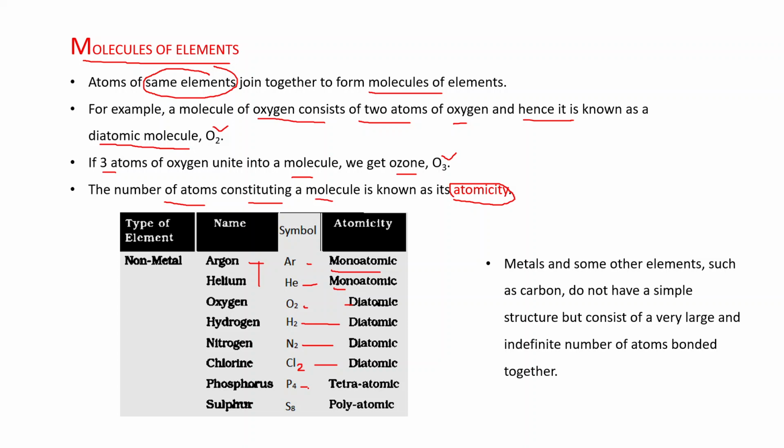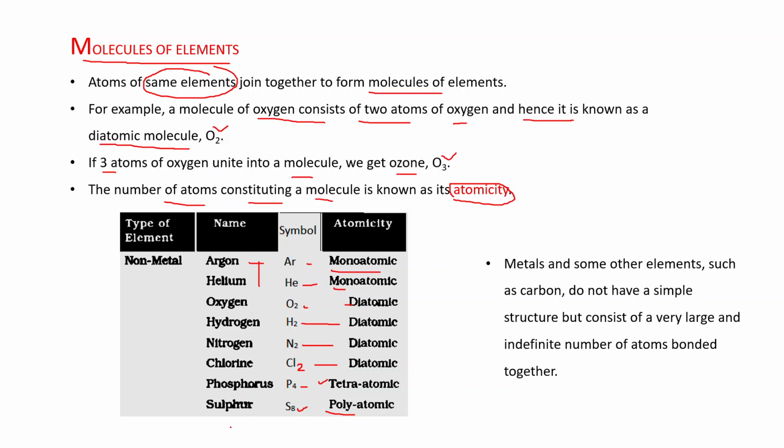Phosphorus, P4. Four atoms of phosphorus combine and form one molecule of phosphorus, that's why it is tetraatomic. In the molecule of sulfur, 8 atoms of sulfur are present, and that's why it is polyatomic. Is that clear? These molecules of elements are also considered homoatomic molecules, that is, atoms of the same element are present.